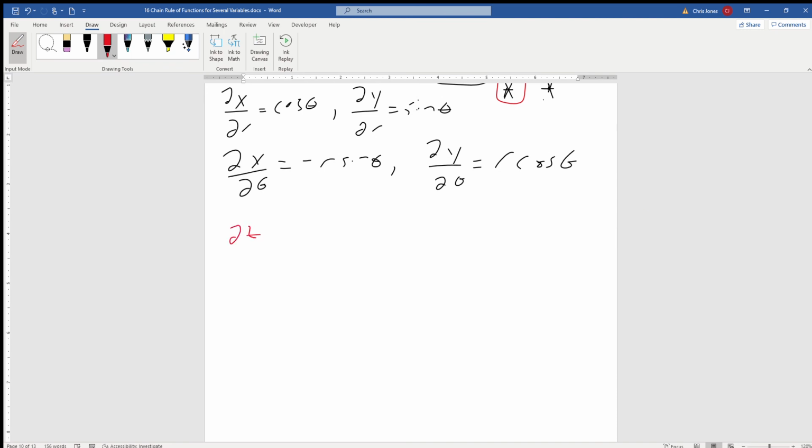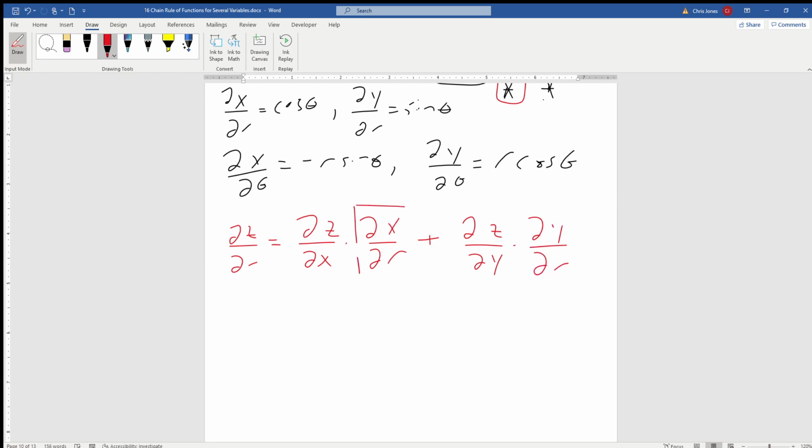So partial of z with respect to r can be written by the chain rule using a total differential as the partial of z with respect to x times the partial of x with respect to r, plus, because that's our function of x, now we need our function of y, partial of z with respect to y times the partial of y with respect to r. And the good news is we already have these two. If you look right above, we have both of those as cos and sine theta immediately.